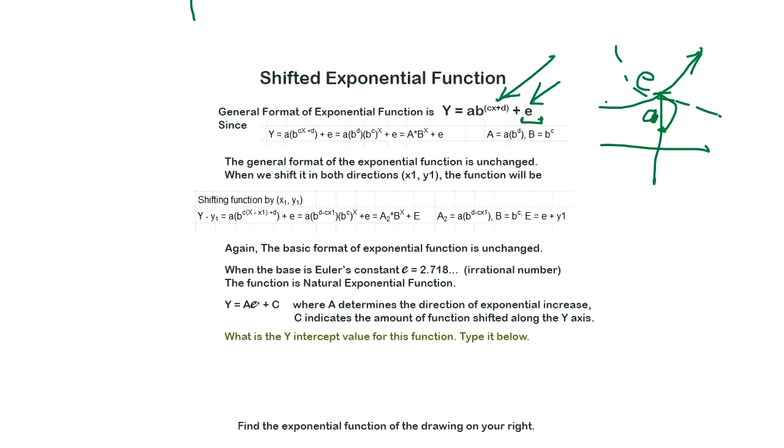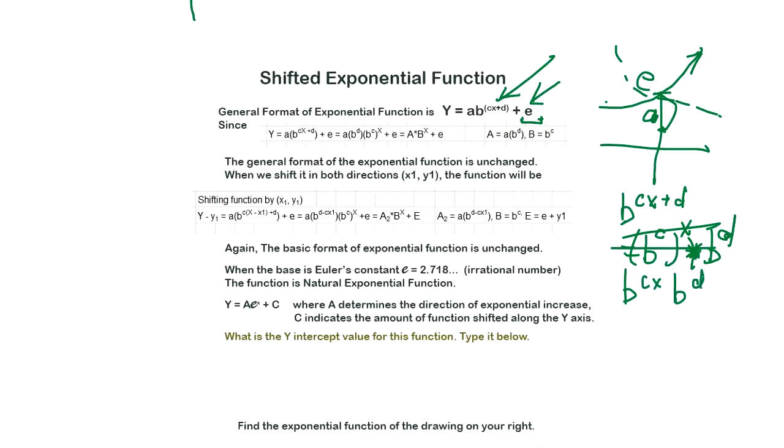So b to the power cx plus d is going to be b to the cx times b to the d, and not plus, times b to the d. Okay, the reason is, let's break it down. b to the cx times b to the d, right?